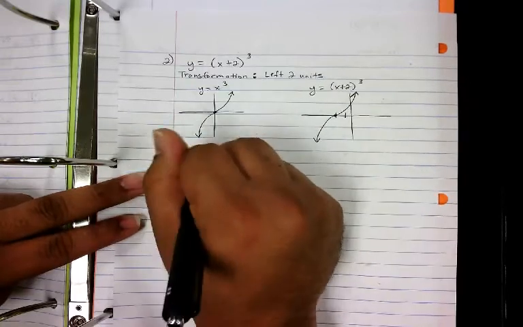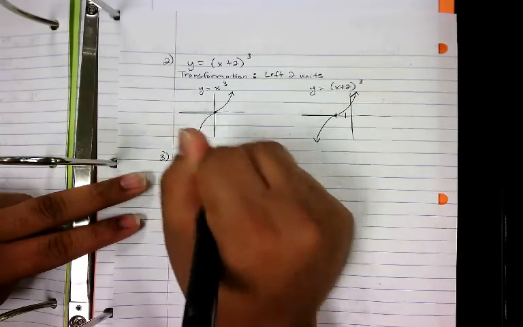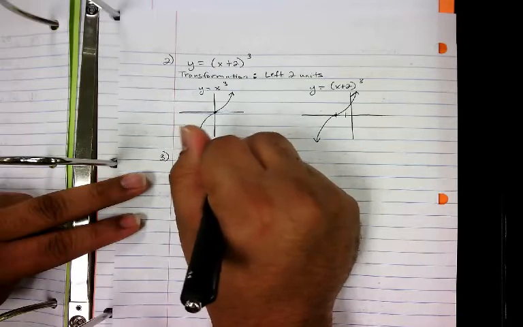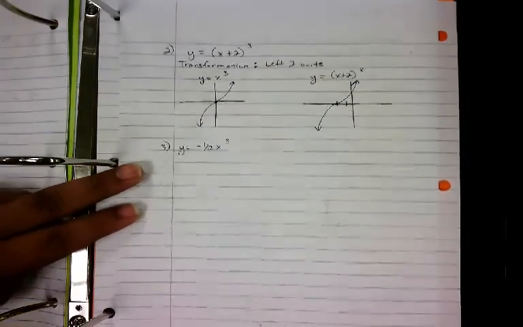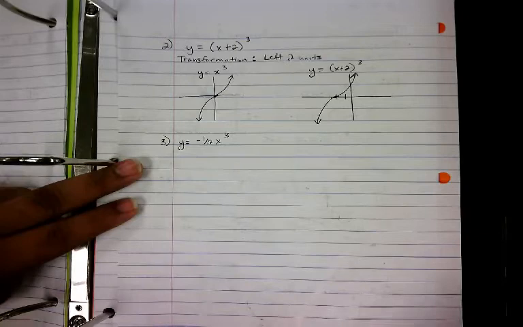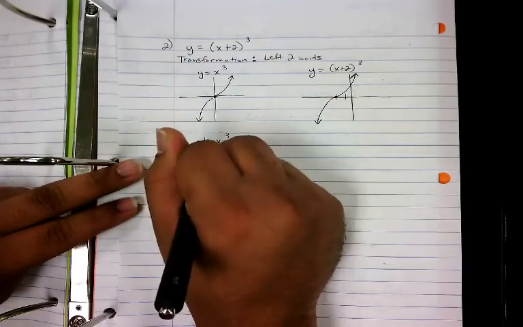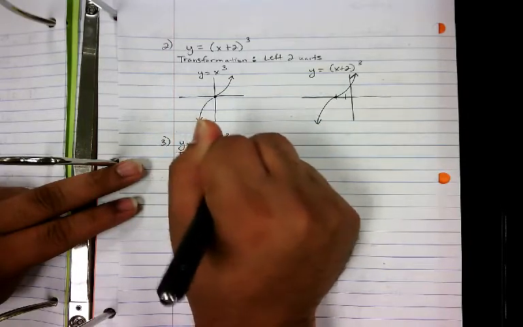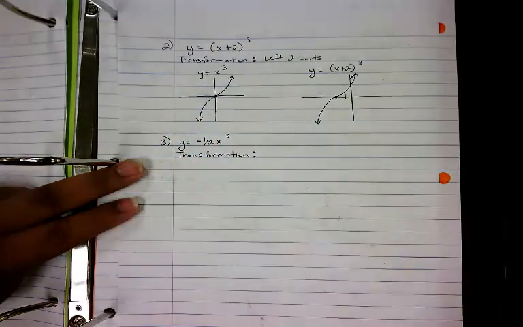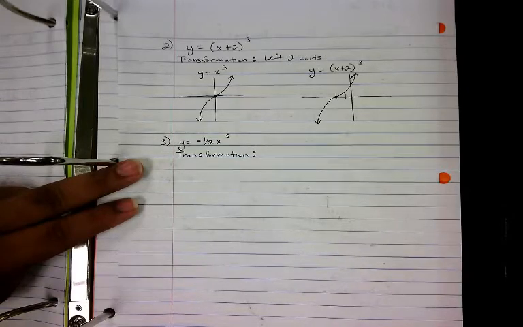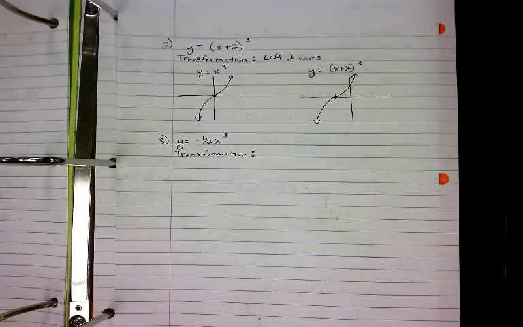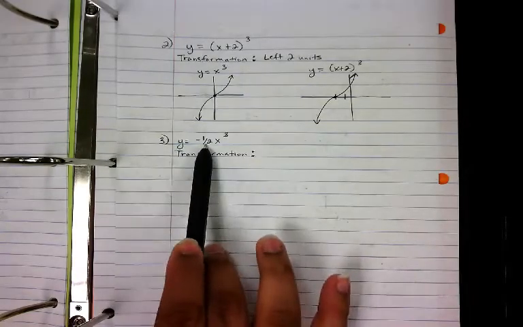Y equals negative 1/2 x cubed. So if we look at our transformation rules, there's a whole number in front and a negative sign.